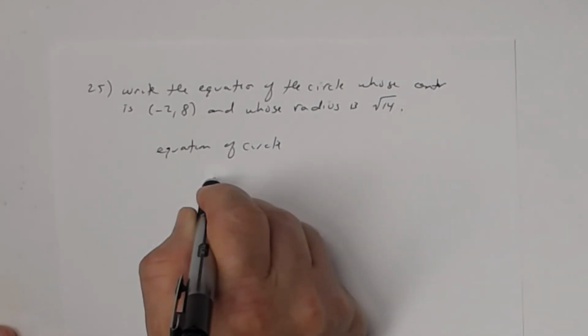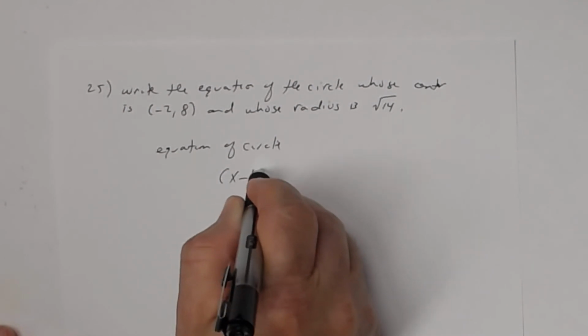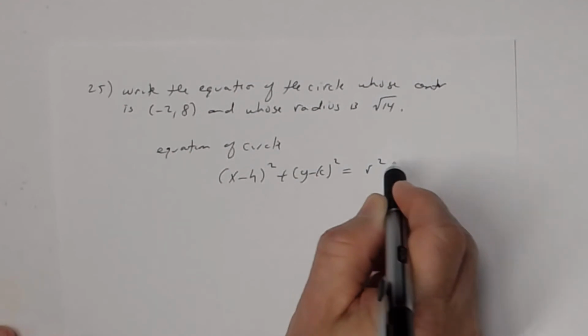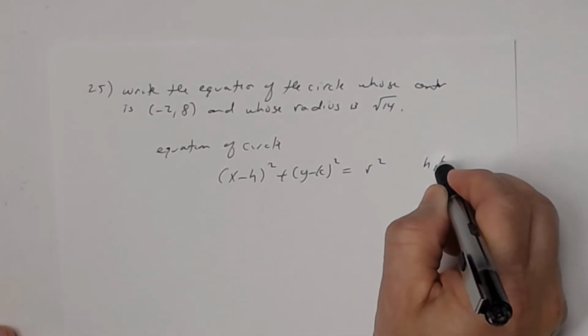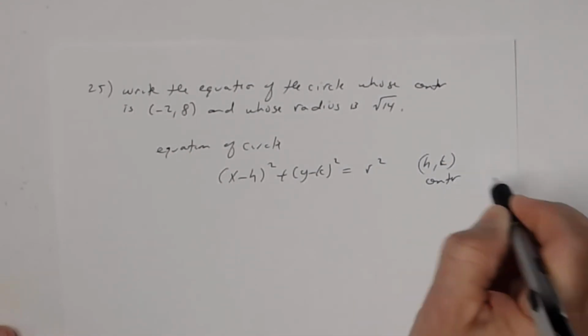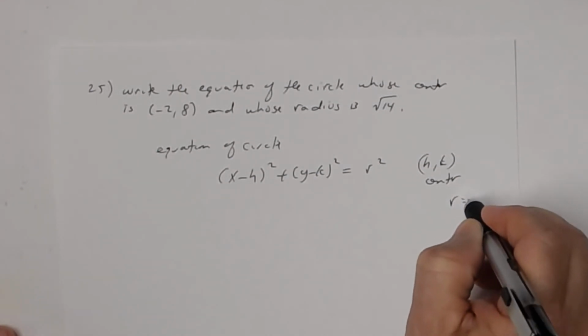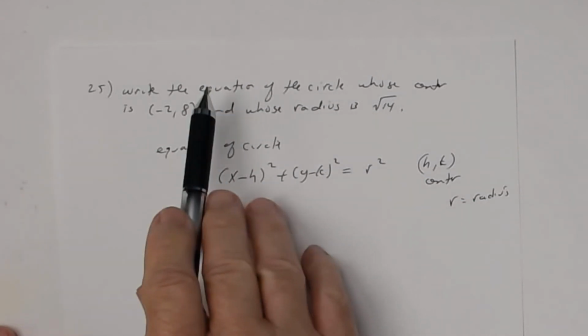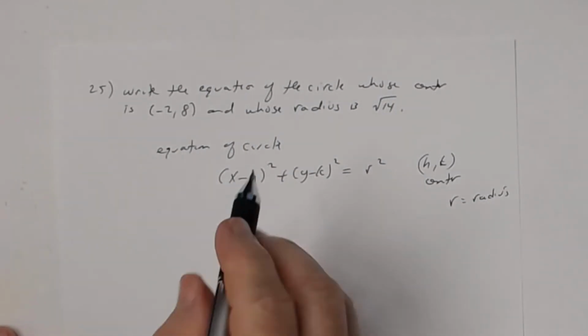x minus h squared plus y minus k squared equals r squared, where (h, k) is your center and r is your radius. In this problem, you're told the center is negative 2, 8.